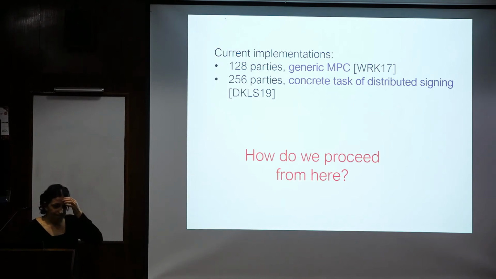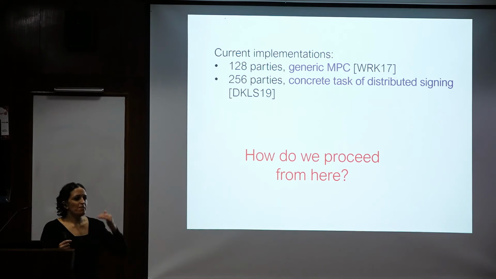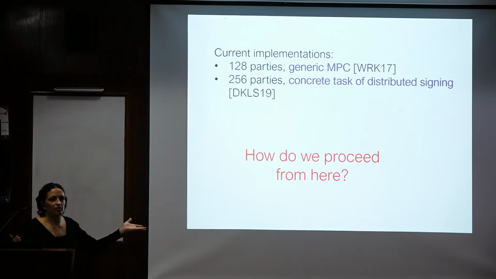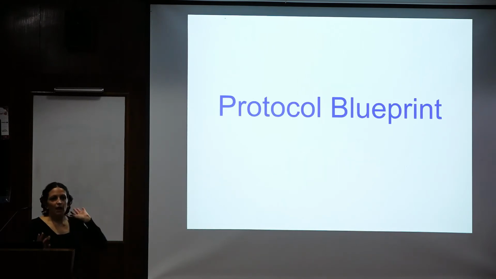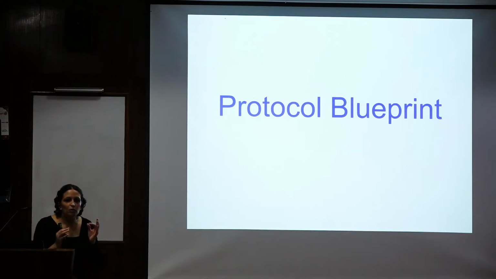And so how do we proceed from here? Our protocol, or the protocol we want to design, has much higher scale. We are talking about 1,000 parties. So let's try to understand how to address such a task. What would be the protocol blueprint?